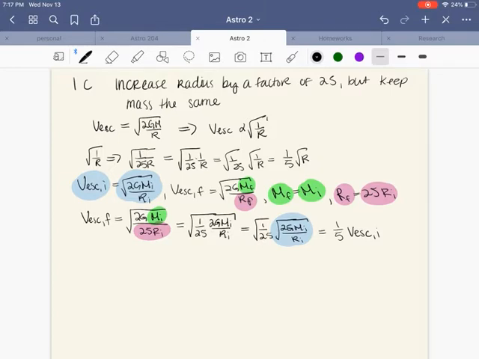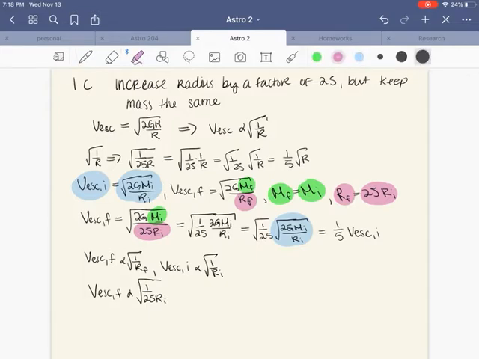If I wanted to do this with my reduced version, they're each proportional to the final and the initial. I'm going to take my v escape final, it's proportional to 1 over 25 r initial. I've just done this substitution.